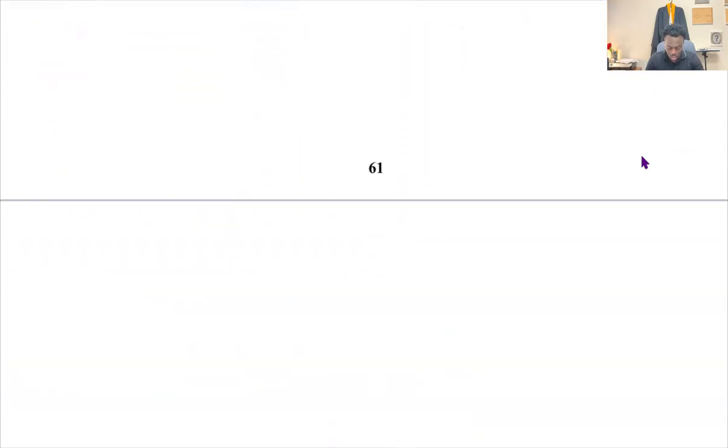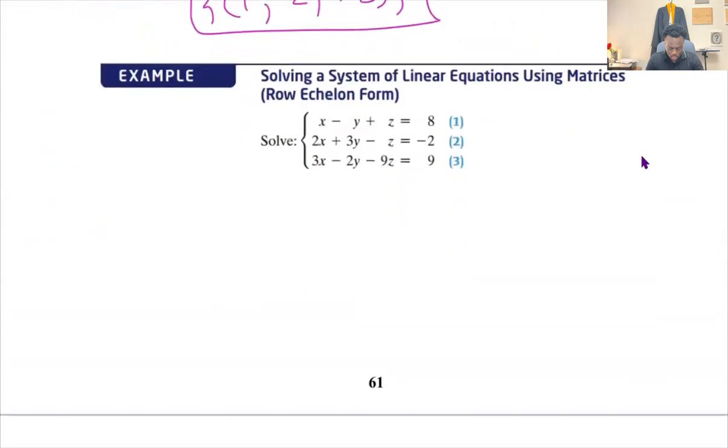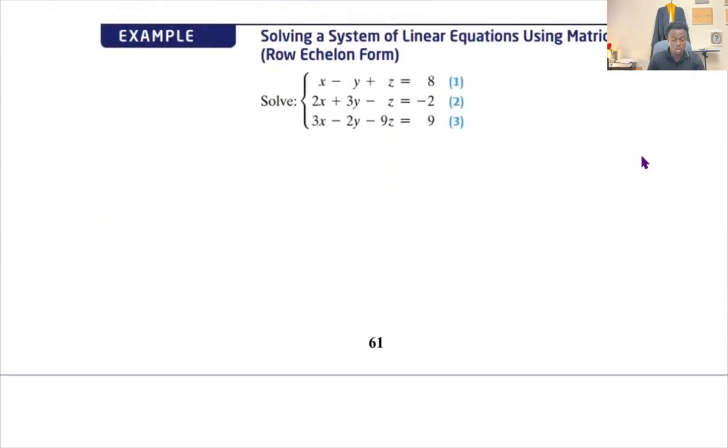Let's try this other example. We're going to start first writing the augmented matrix.